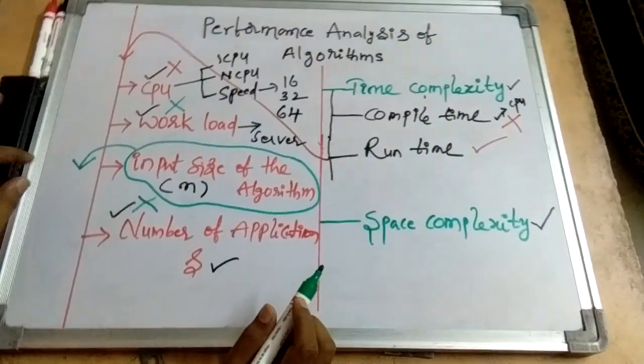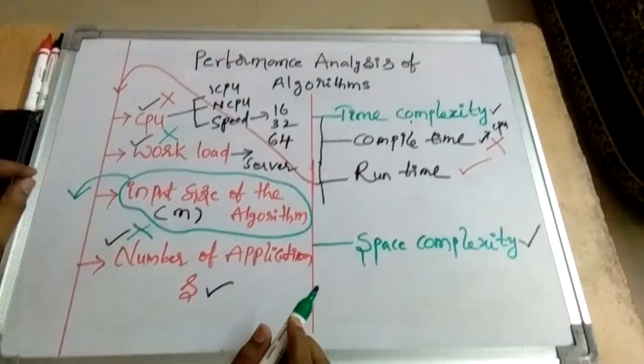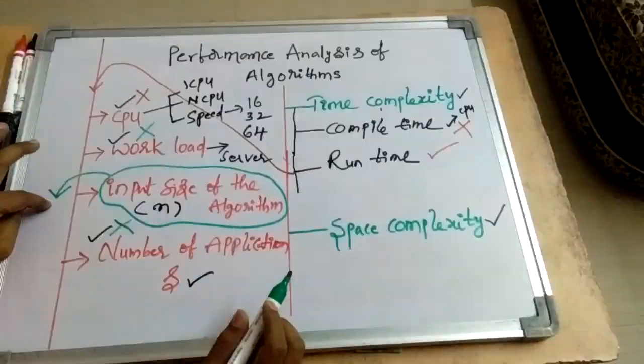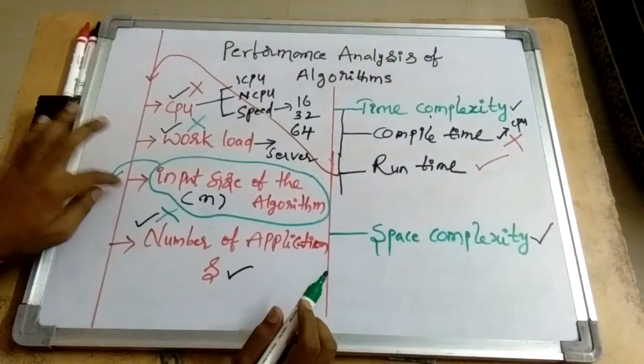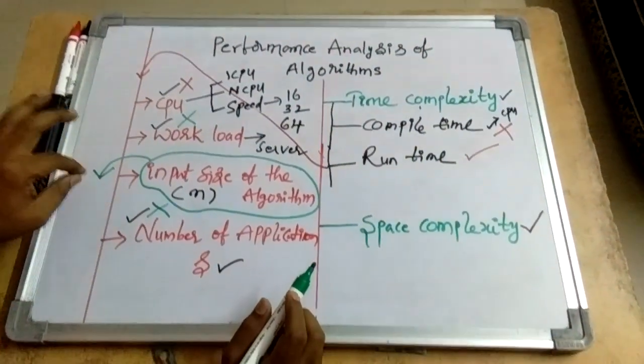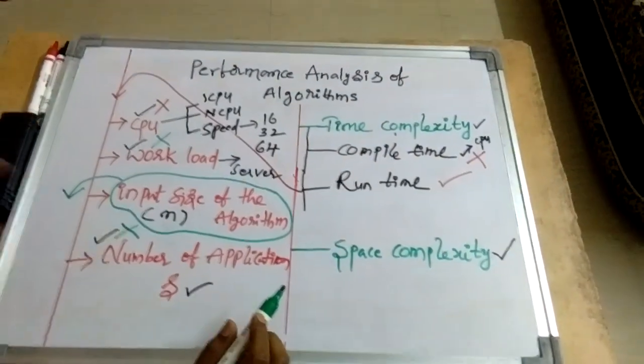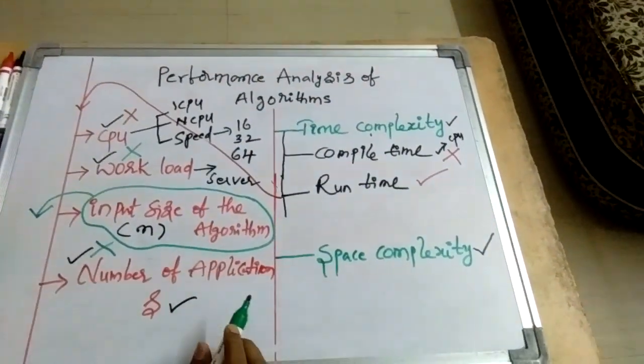Then you can measure the time complexity or the performance of the given algorithm with respect to the different developers. Okay guys, how do you make the time complexity of a given algorithm dependent only on the input size? Now let us see.